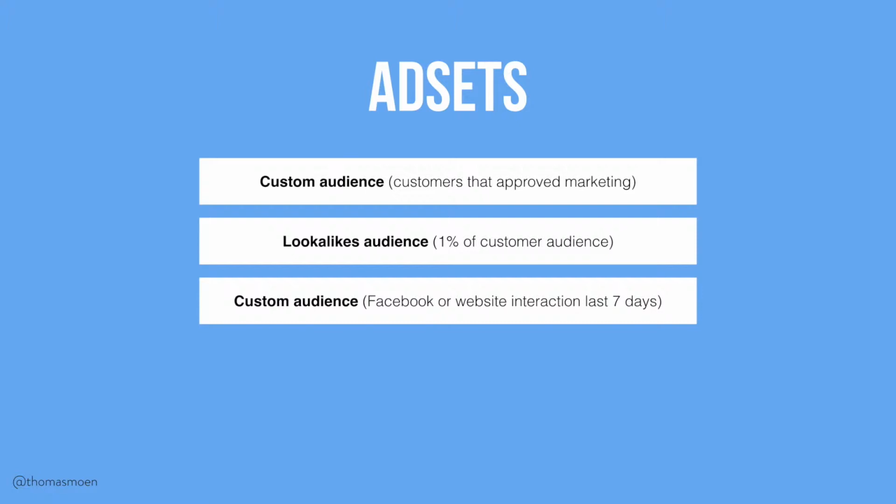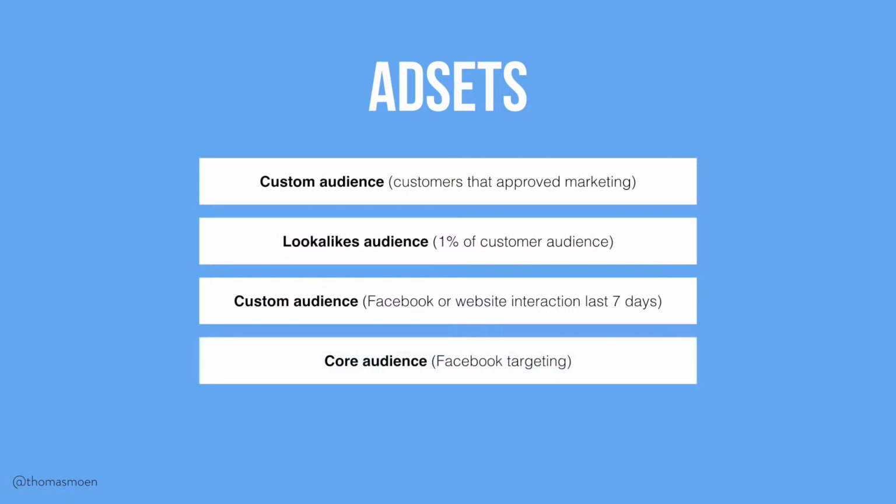The third ad set I always set up is the retargeting ad set. And I usually retarget people who have interacted with their Facebook page and or their website in the last 7 days. I think 7 days is a good time range, because that's when they usually still remember that specific brand or that specific web shop.